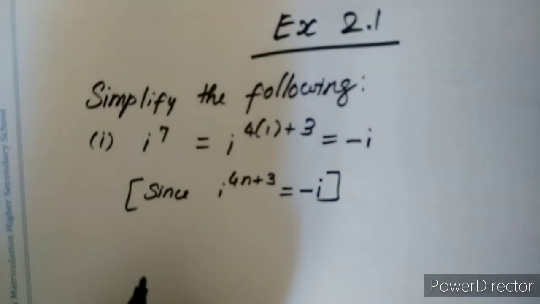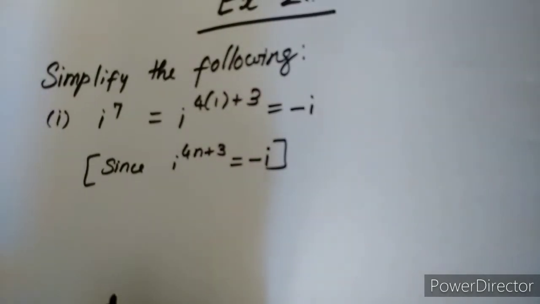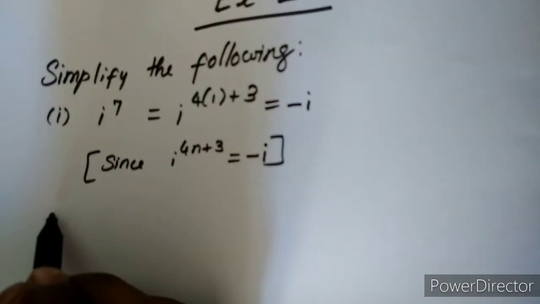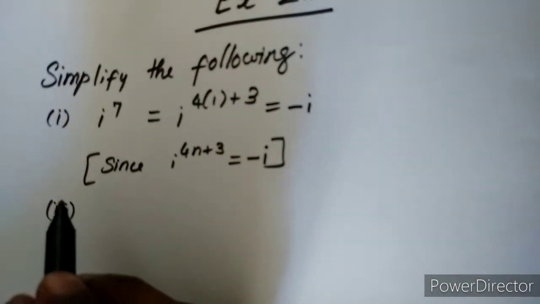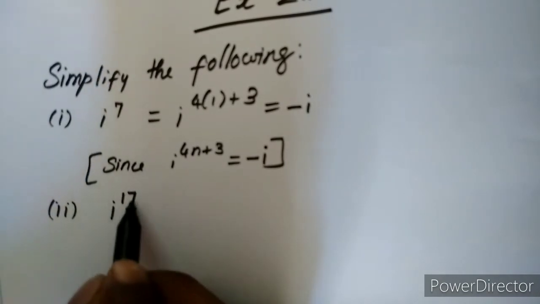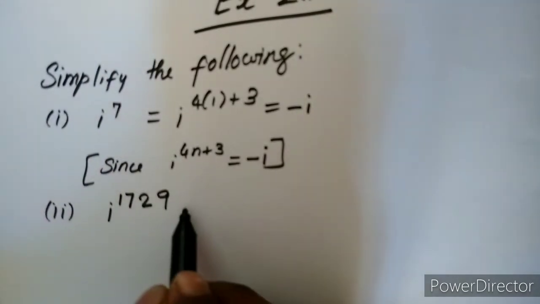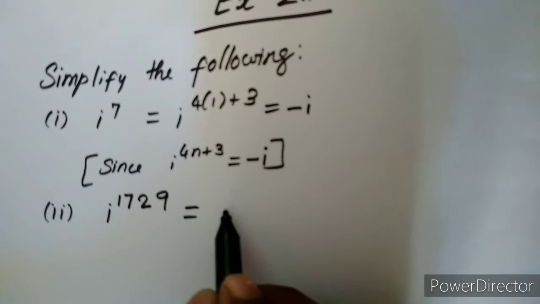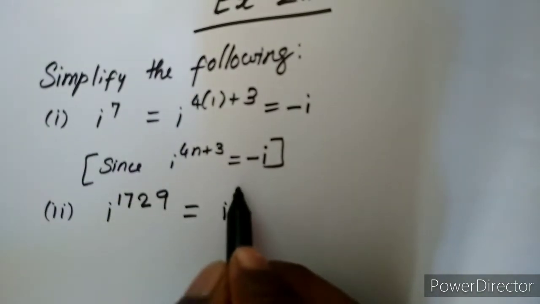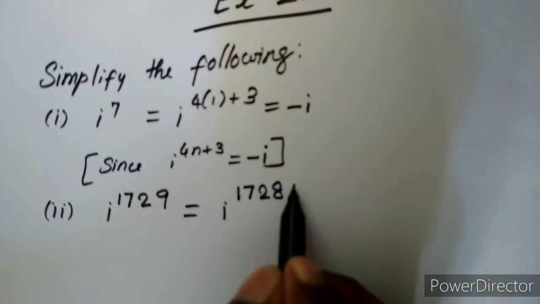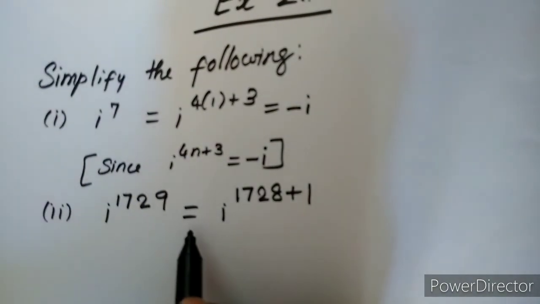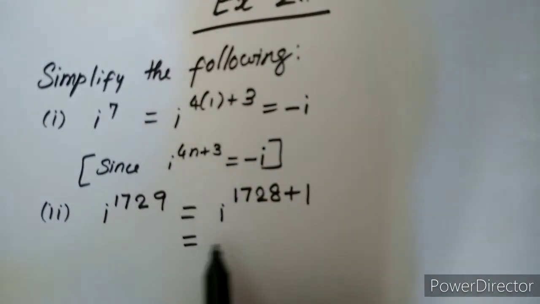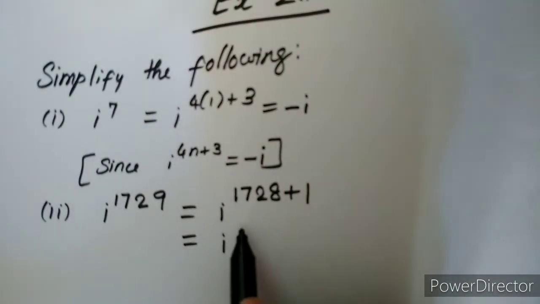Next subdivision. Subdivision 2: i power 1729 is equal to i power 1728 plus 1. Reason, 1728 is a multiple of 4. Let us verify.